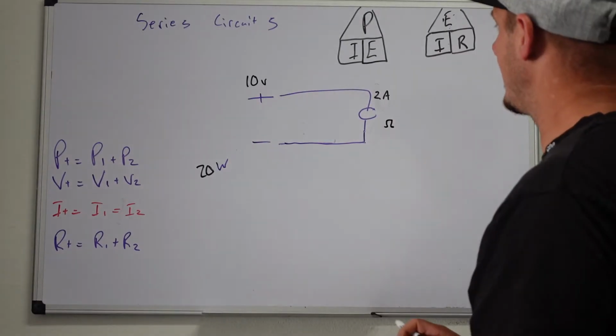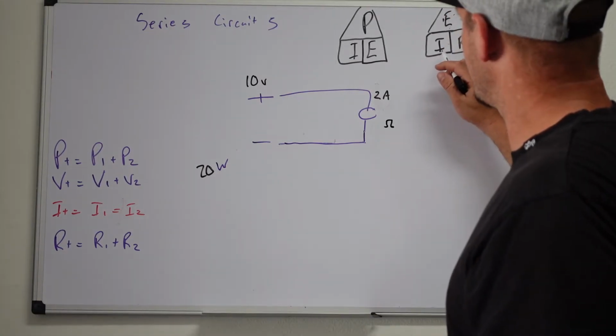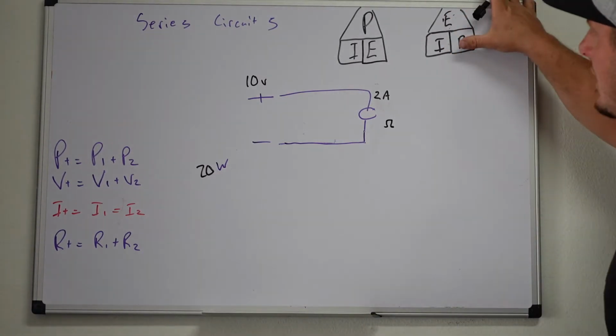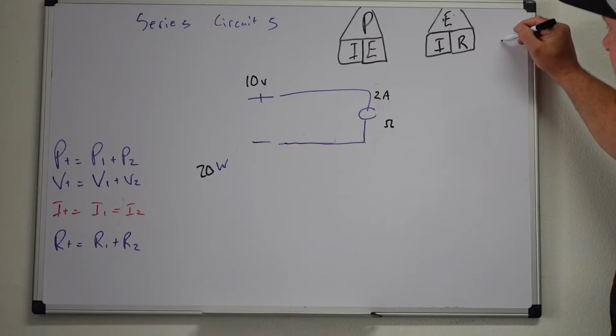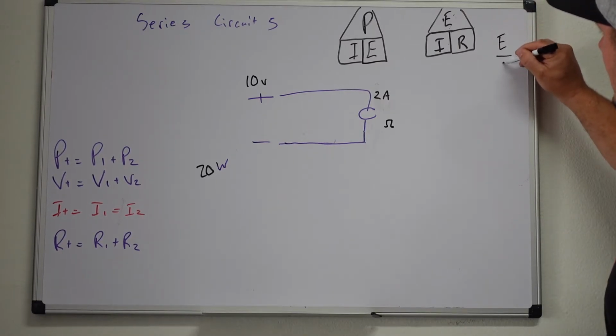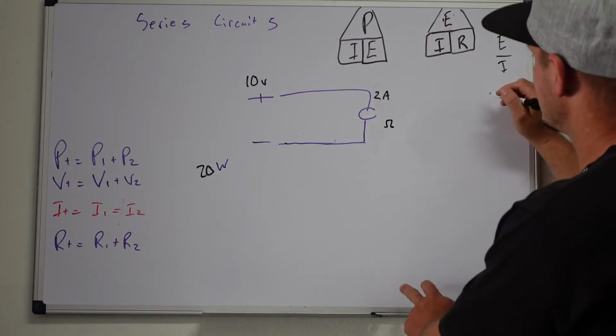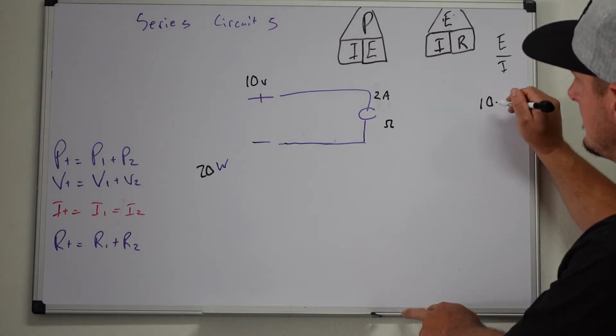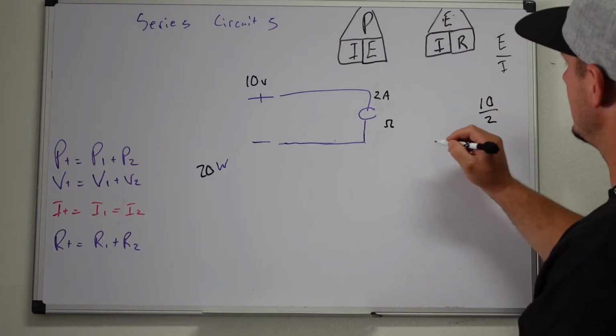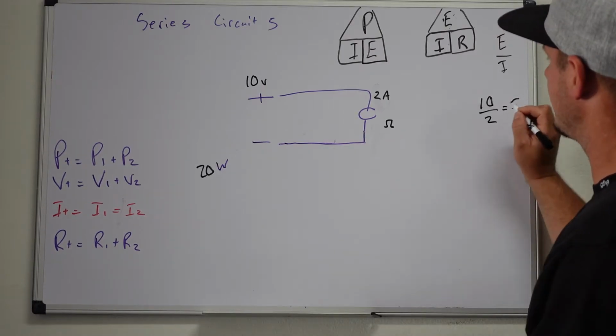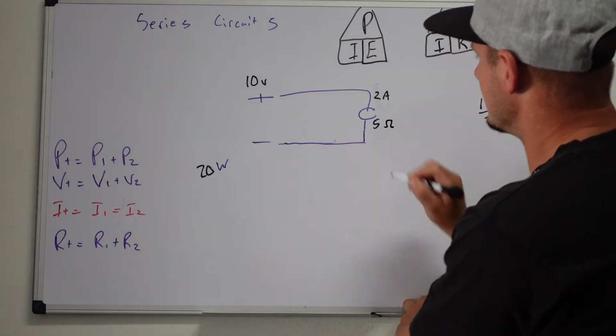Now, if I have E and I want to find out R, I cover R, which is then E over I, or volts over amps, right? So 10 divided by 2 equals 5. So I have 5 ohms.